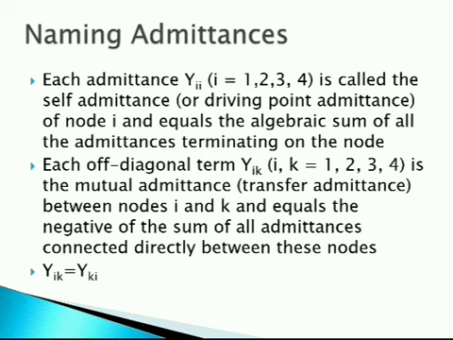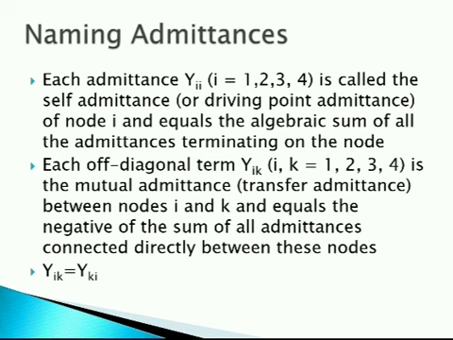But i and k cannot be equal. Why can they not be equal? If they are equal, then they become the self admittance. But we are talking about off diagonal admittance where i and k are not equal. For example, admittances like Y12, Y34, Y43, Y15.